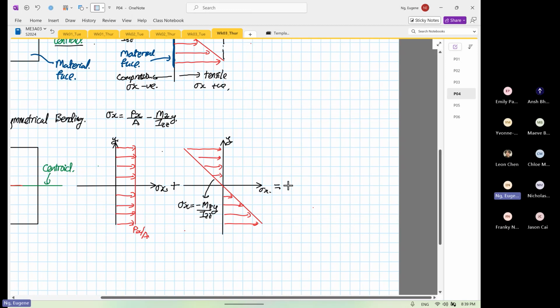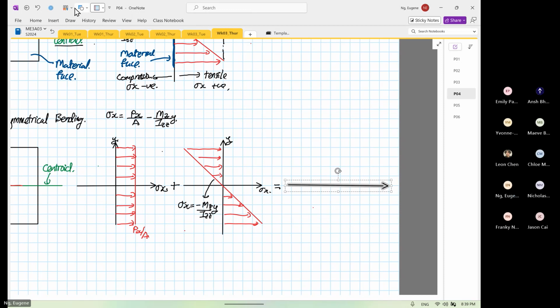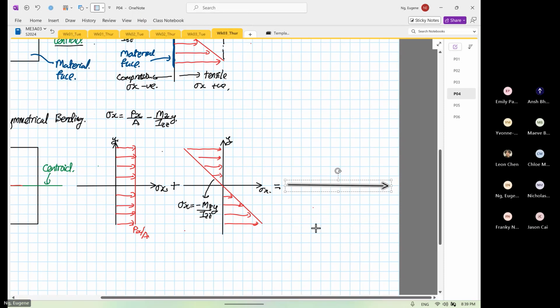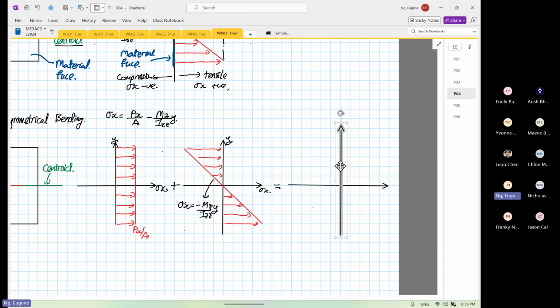And then when you add the both of them together, I'm going to draw, now it has to be bigger. And then this is our y, shift it slightly over here. Right?